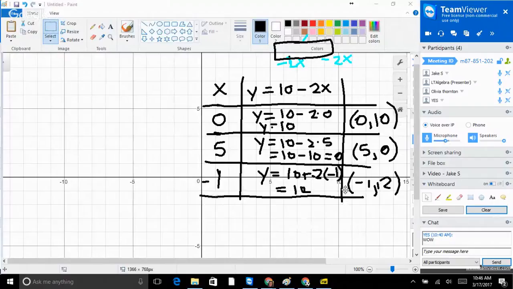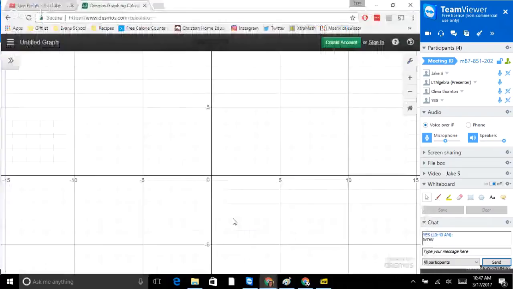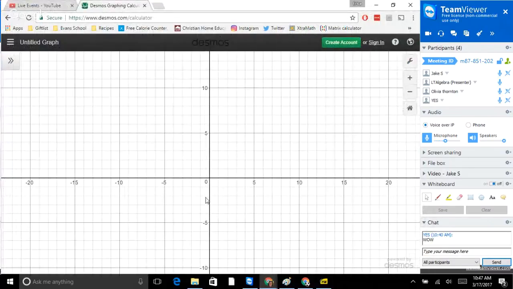Okay, so I have these points, right? And I need to graph them. Where is 0, 10 at? So my first point I want to graph is 0, 10. Okay, I don't have a big enough graph still. Let's scroll out.